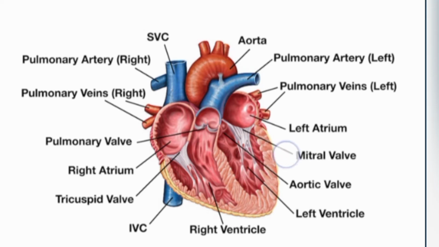Now, the left ventricle is also filled up with blood, so it also contracts. With the contraction of the left ventricle, the oxygenated blood is pumped into the aorta. Now, this aorta transports the oxygenated blood to all the different parts of the body.